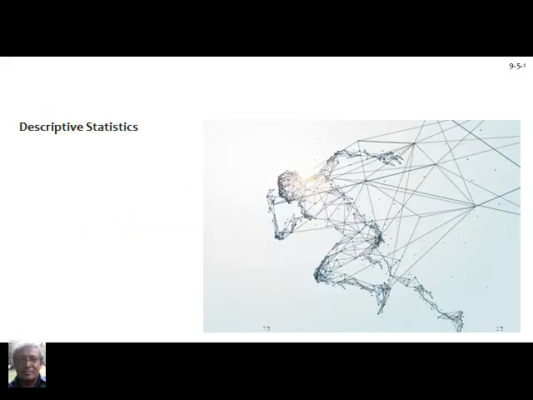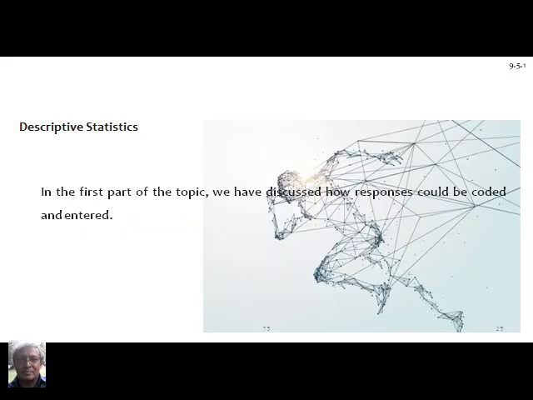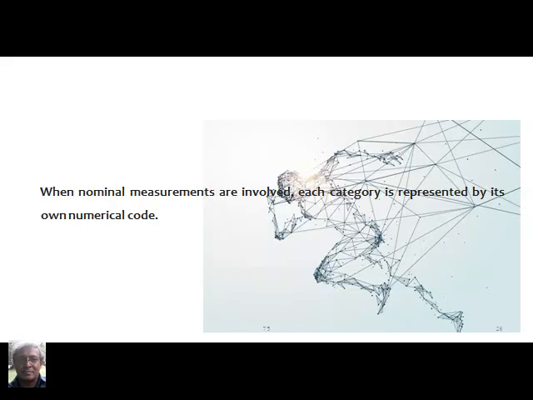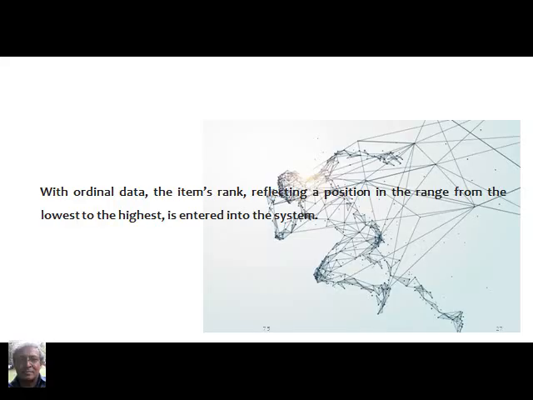Descriptive statistics. In the first part of the topic, we have discussed how responses could be coded and entered. When nominal measurements are involved, each category is represented by its own numerical code. With ordinal data, the item's rank, reflecting a position in the range from the lowest to the highest, is entered into the system.